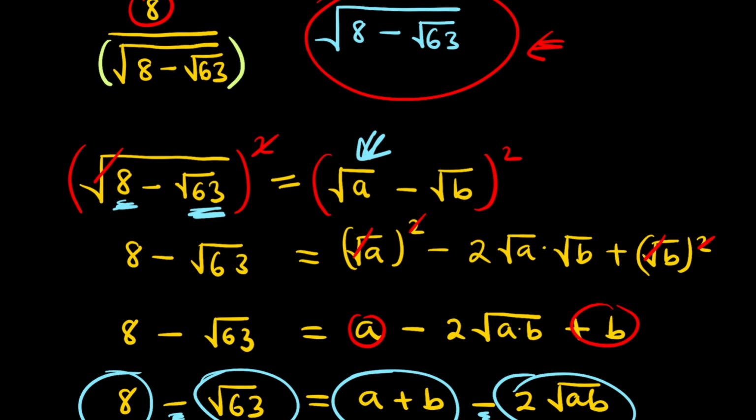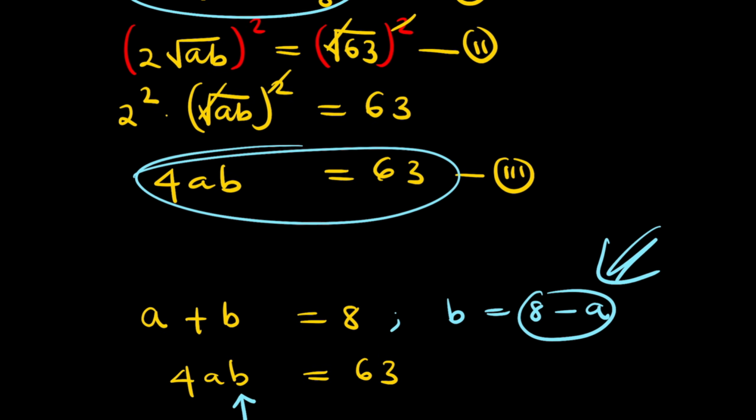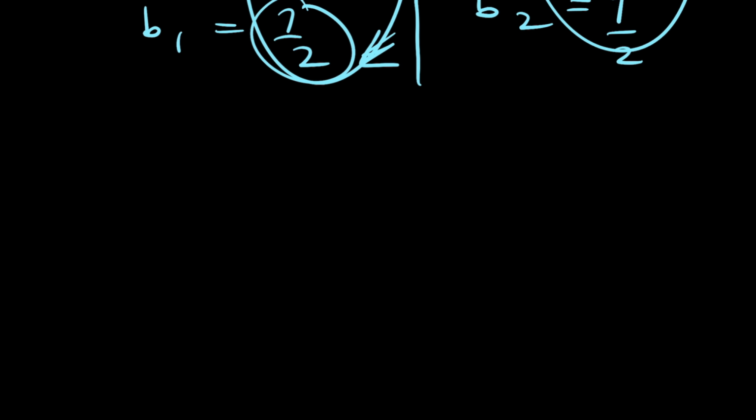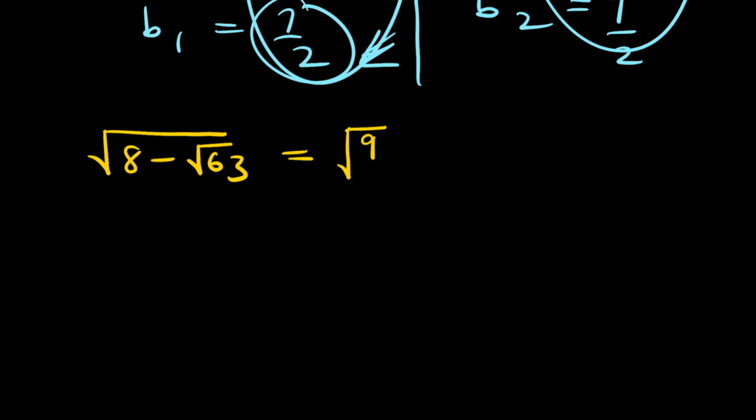So our solution now will be the square root of 8 minus the square root of 63 is equal to the square root of 9 over 2 minus the square root of 7 over 2.